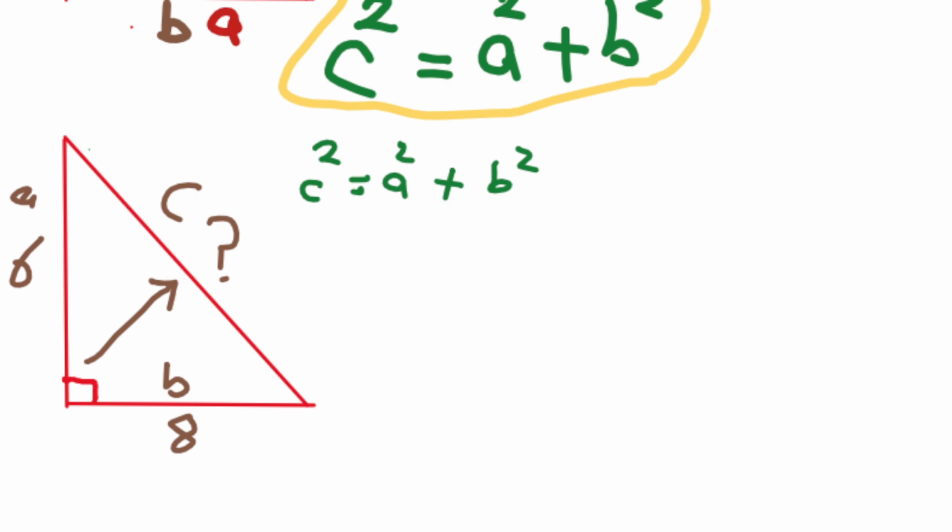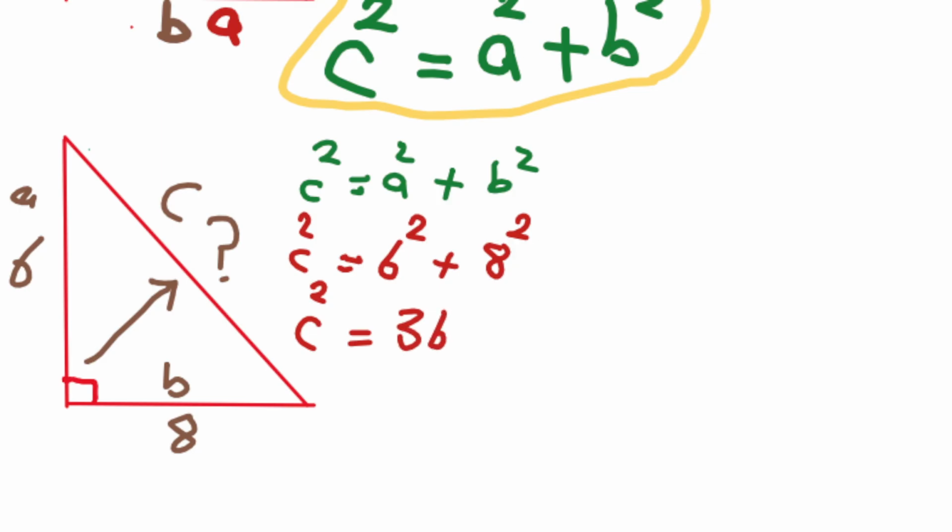So C squared is equal to 6 squared plus 8 squared, isn't it? And then C squared is equal to 6 squared, which is 36, it's 6 times 6, plus 8 squared, which is 64, it's 8 times 8. That means C squared is 100. If you add these, it's 100.